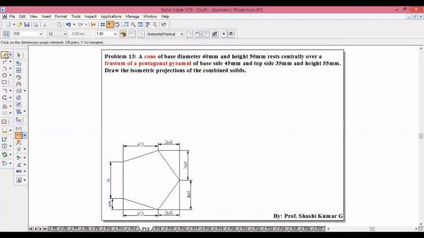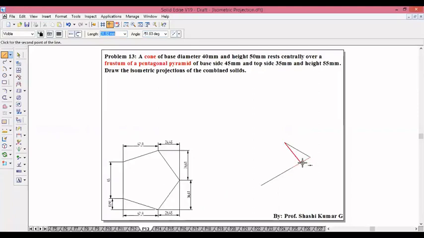We have enclosed this pentagon in a box. Let's consider this as a 30-degree line. The first dimension is 42.8 at an angle of 30 degrees, 26.45 at 30 degrees, 36.41 will be at an angle of 150 degrees, 36.41 at an angle of 150 degrees.